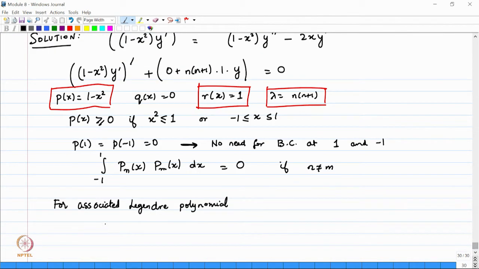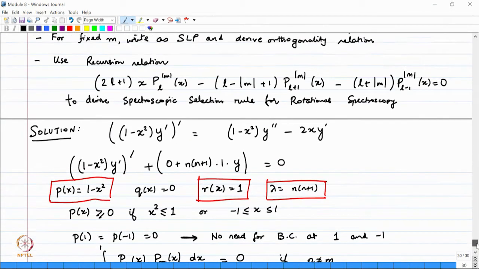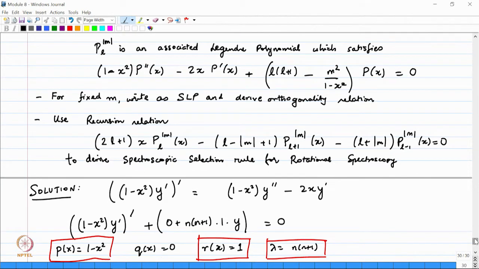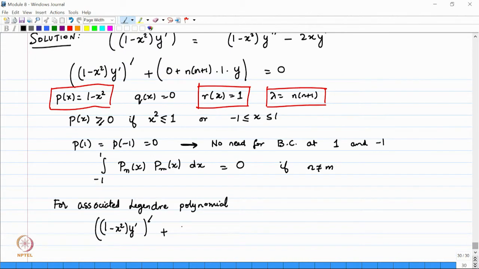So, I can write (1 minus x squared) y prime, the whole thing prime, plus my q, in this case, which I can write as minus m squared over 1 minus x squared, plus l(l plus 1), y equal to 0.